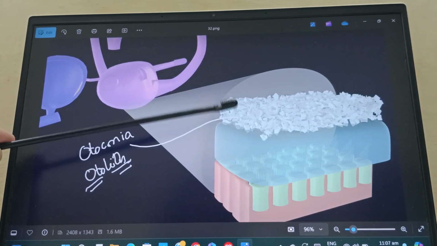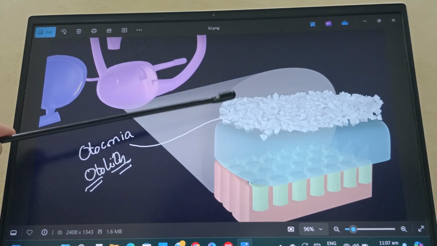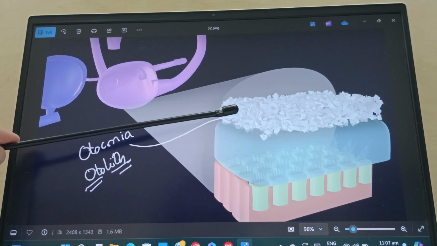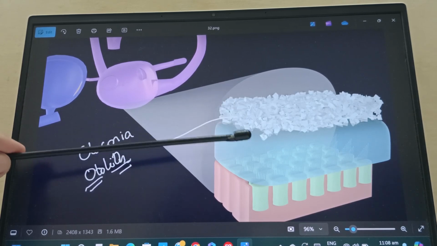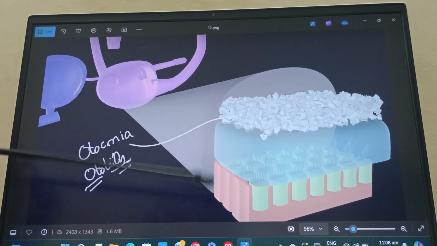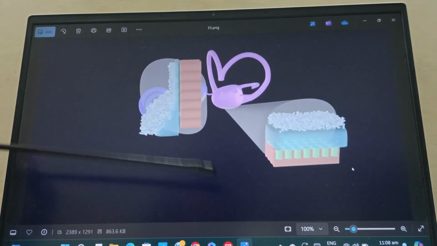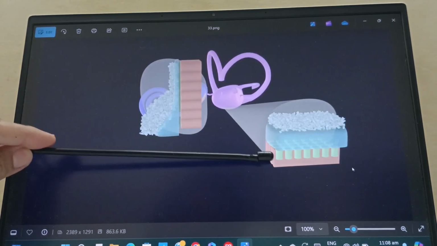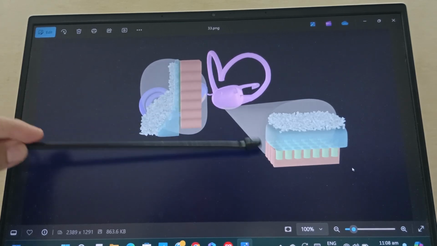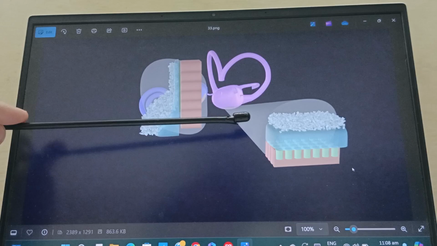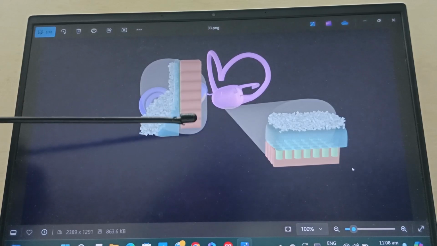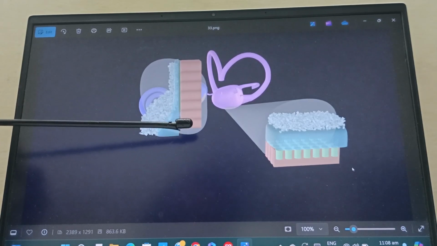Now you can see the otolithic membrane present over the macula of these sensory organs, and how they are placed perpendicular, at right angles, to each other. This is how, when our head moves, the internal organs of the inner ear sense the position of our body.